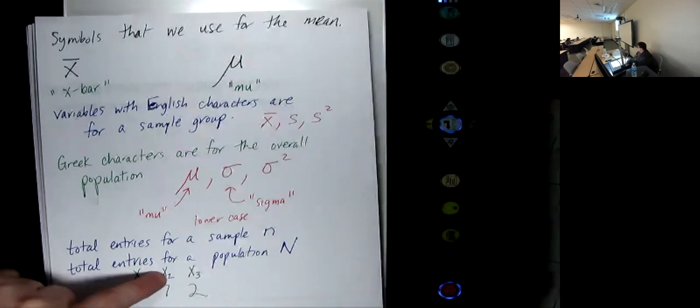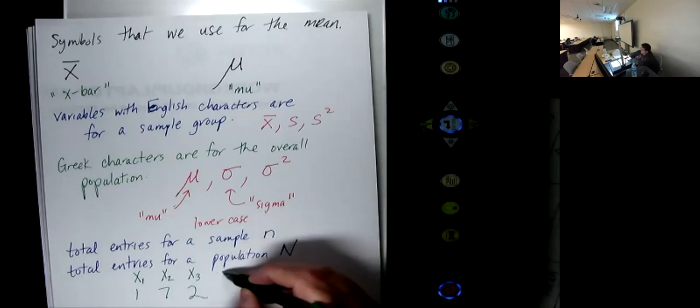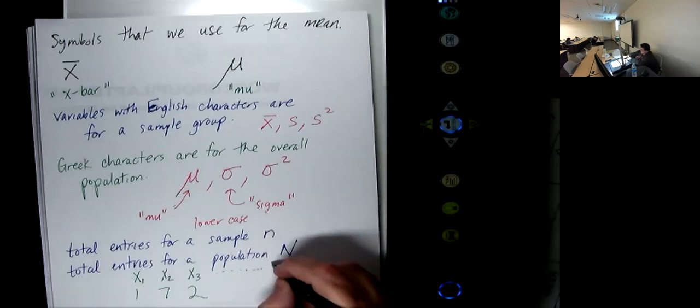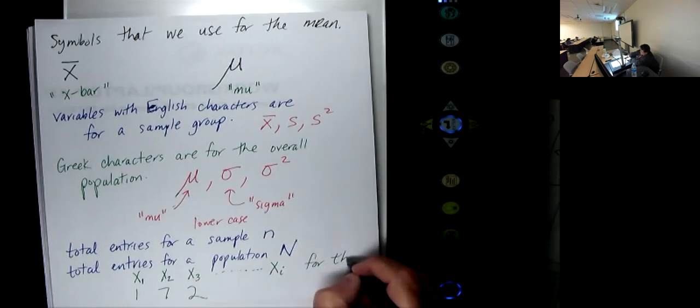The X sub 2 number was her response. And X sub 3 number was your response. So if there's a lot of them, they will say X sub i for the i-th person's response.